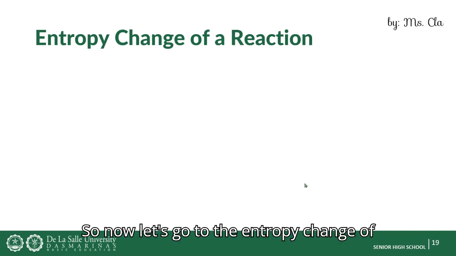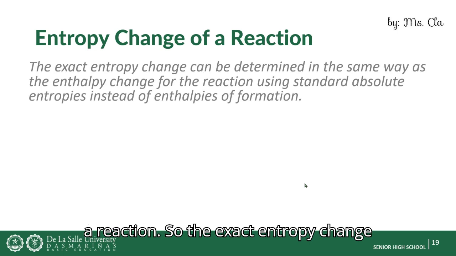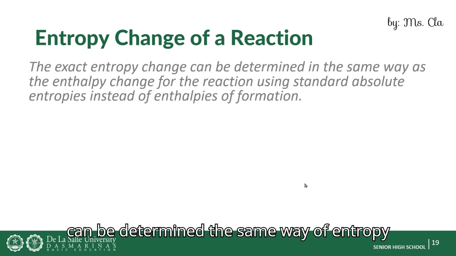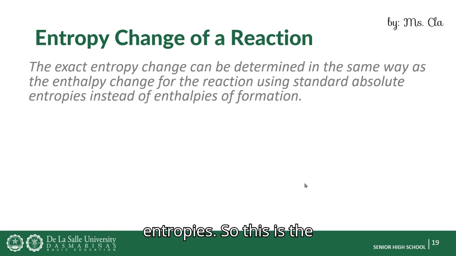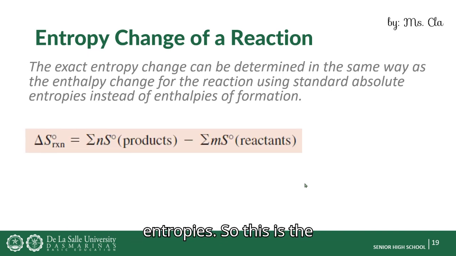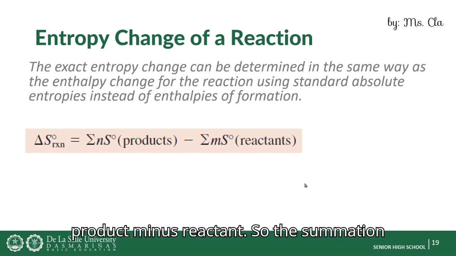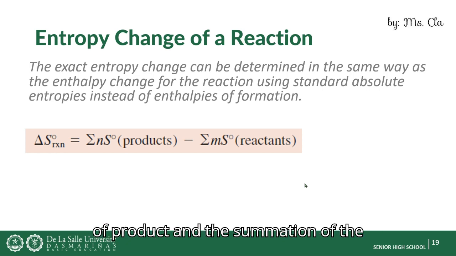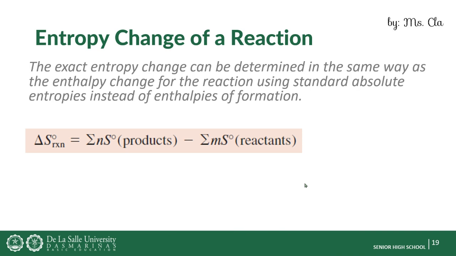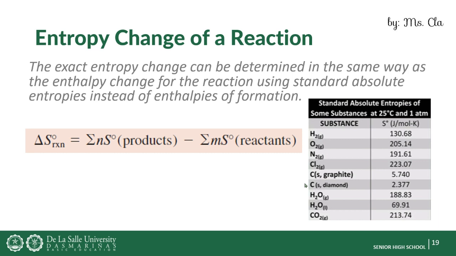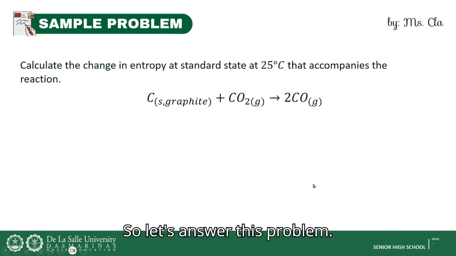So now let's go to the entropy change of a reaction. The exact entropy change can be determined the same way as enthalpy change, using the standard absolute entropies. So this is the formula: product minus reactant. The summation of the products minus the summation of the reactants equals the change in entropy of a reaction. So let's answer this problem.